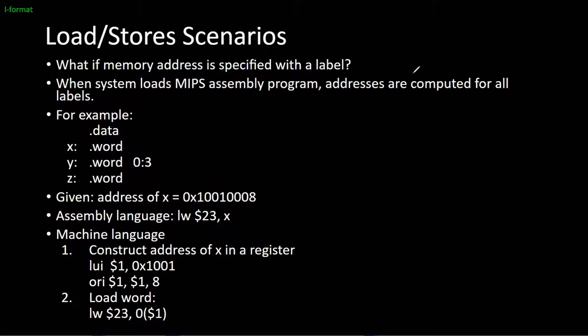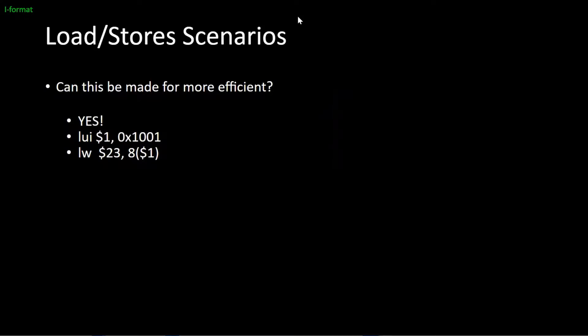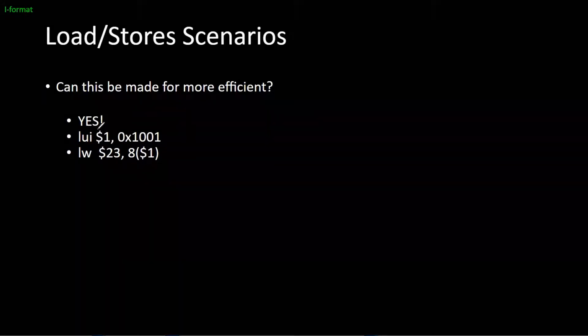We can do this better. There is one way that we can make this more efficient. Let's remember that our original address that we wanted to load from, in the previous slide, was 1001, 0008.